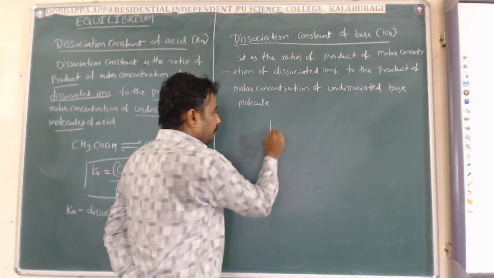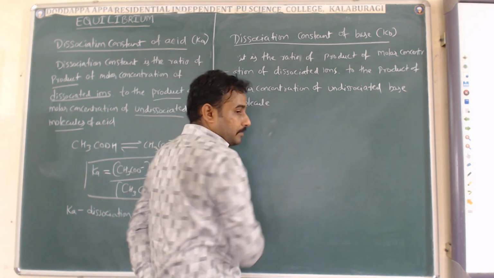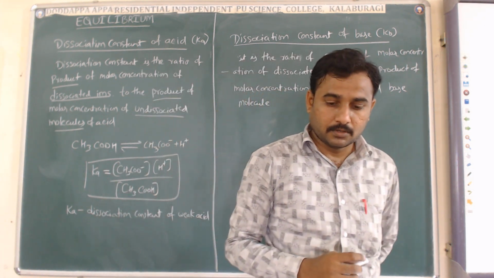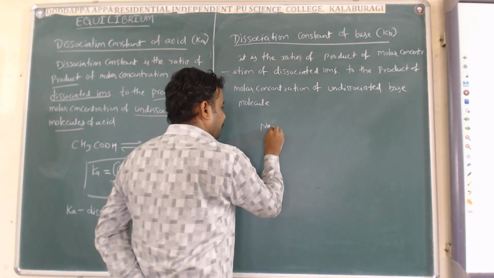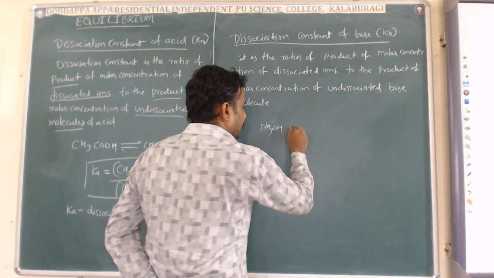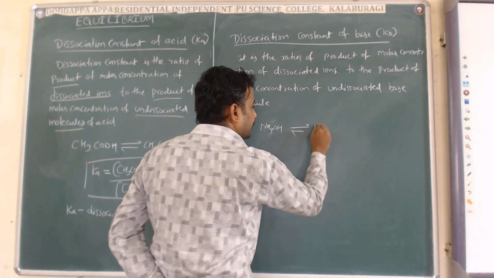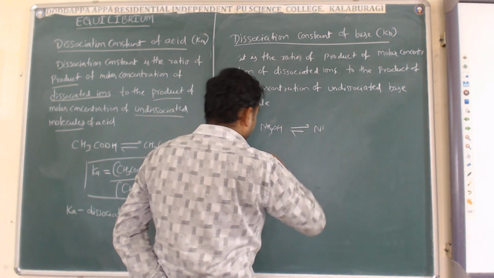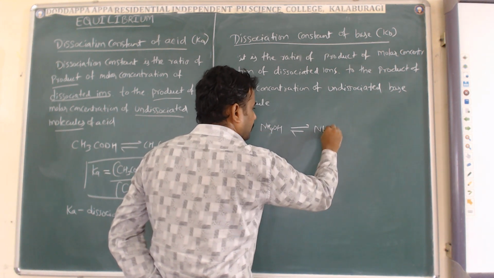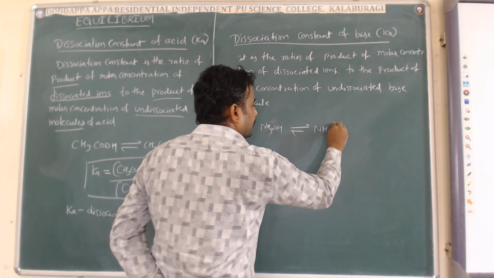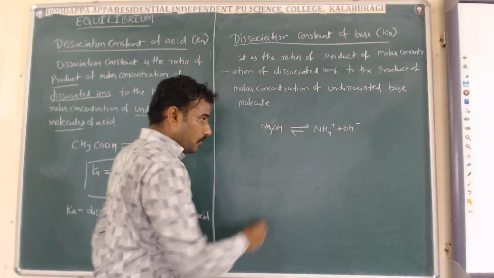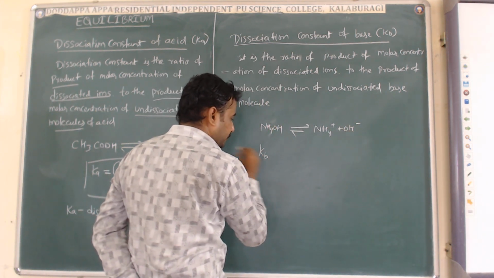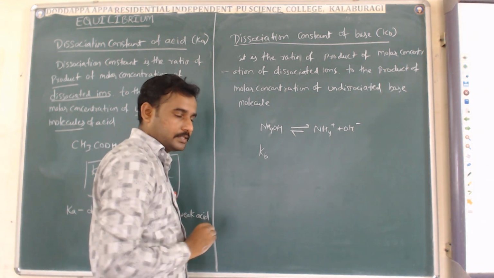That we are representing. One example I will give for the dissociation of a weak base: we take NH4OH. It undergoes dissociation and gives NH4 plus and OH minus. Then how to write Kb?